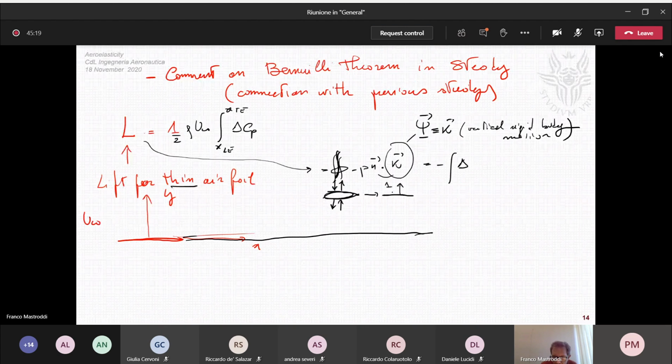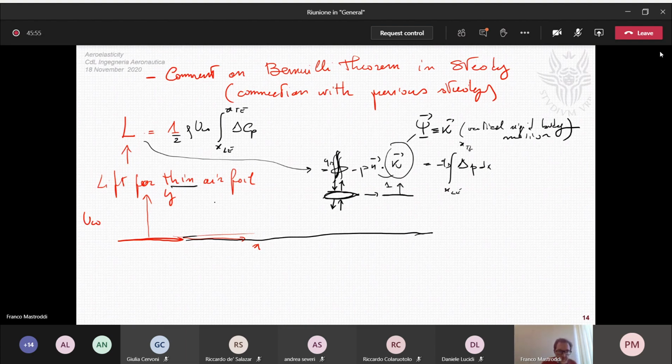And when you take the circulation integral, you have just a jump upper and down. So you have now a line integral from x at the leading edge to x at the trailing edge of the jump delta P in x. Of course, we have the dynamic pressure. I forgot to write the dynamic pressure, q D.